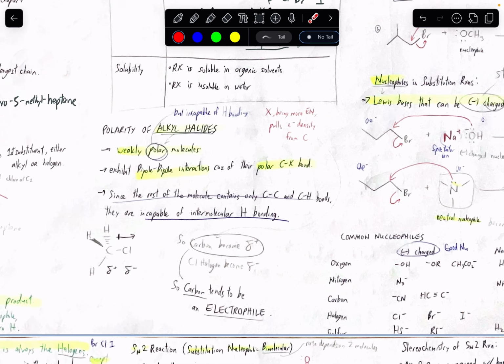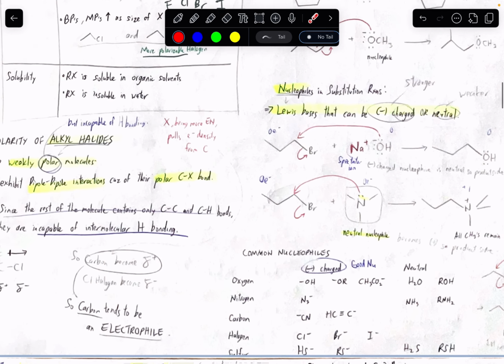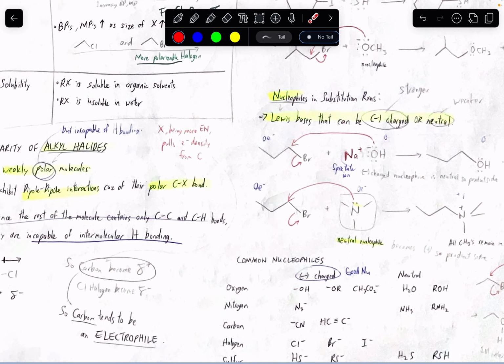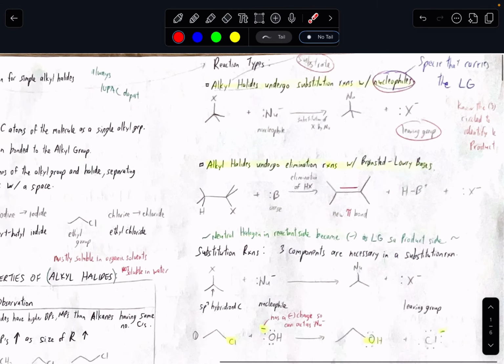Yeah, it makes sense. When you're partially positive, you tend to become an electrophile. You tend to desire negative coming from positive. Since you're partially positive, you desire negative. That negative is the electron.